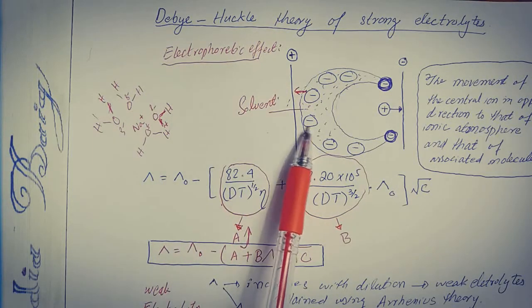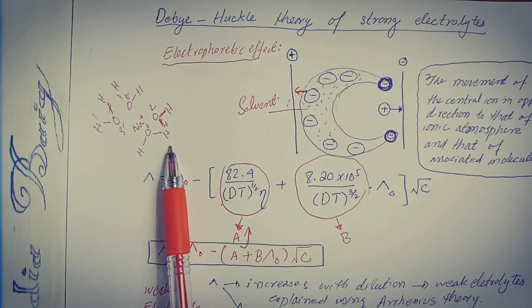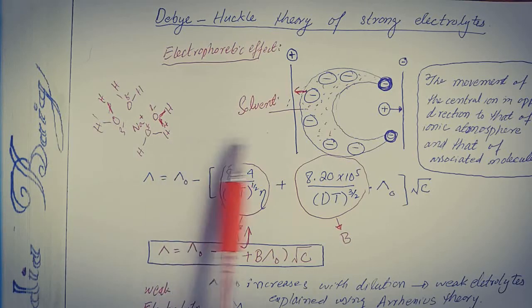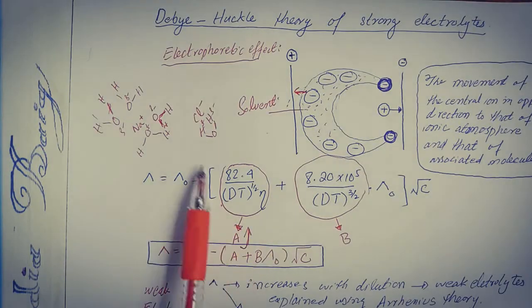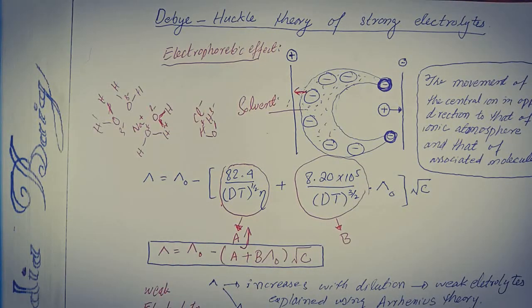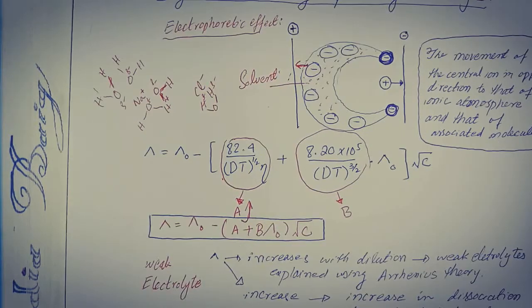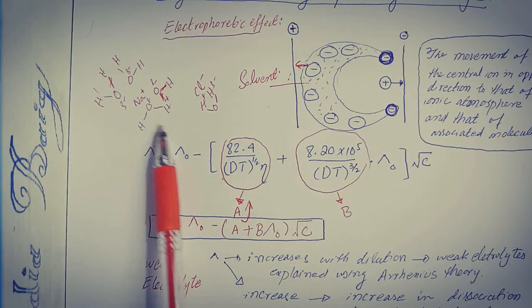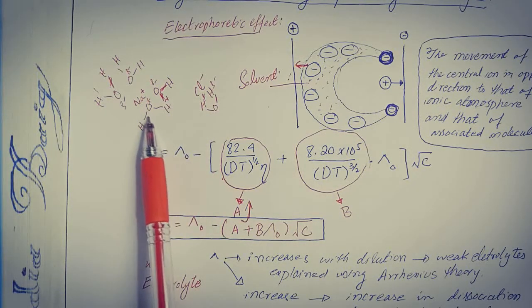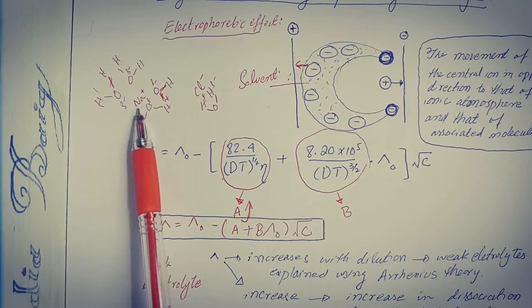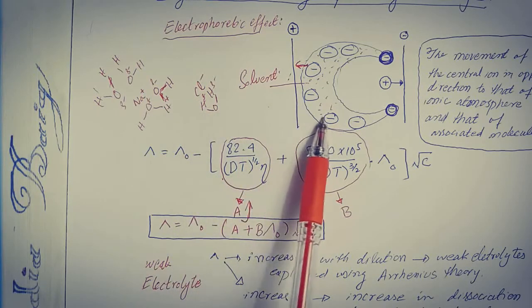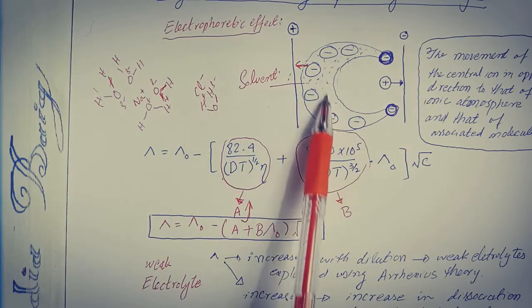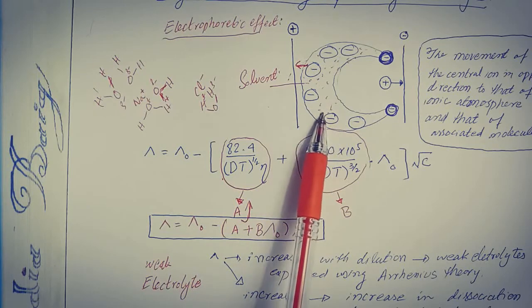In this case, the hydrogens, which are the partially positive part of the water molecules, show attraction towards this central negatively charged ionic species. In this way, the partially positive or partially negative ends of the water molecules are attracted towards either positive or negative ionic species. Here we can see that the red dots are showing the solvent molecules.